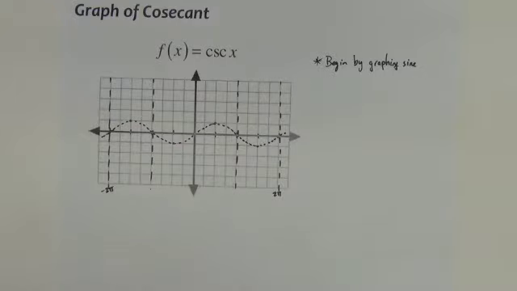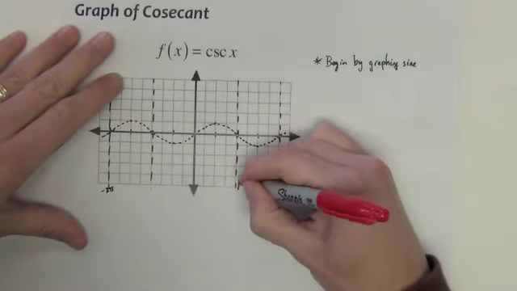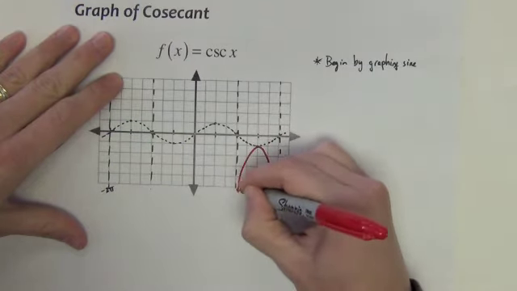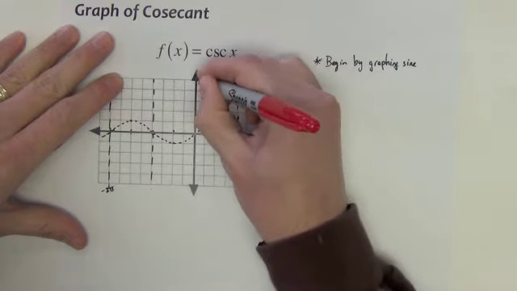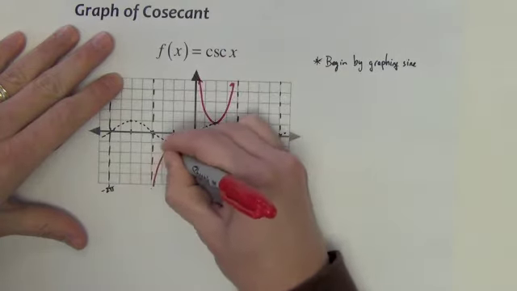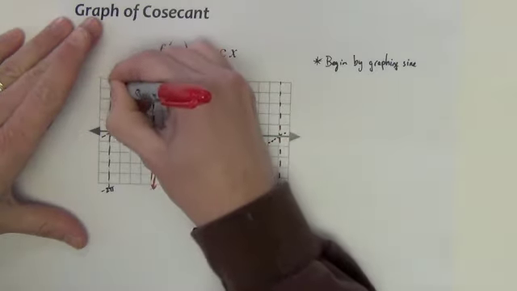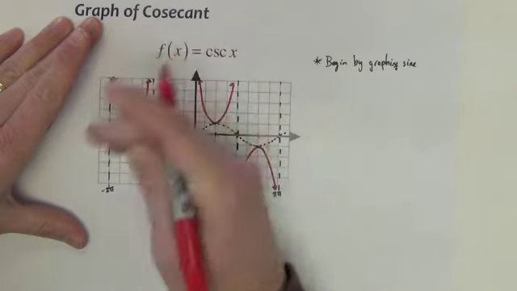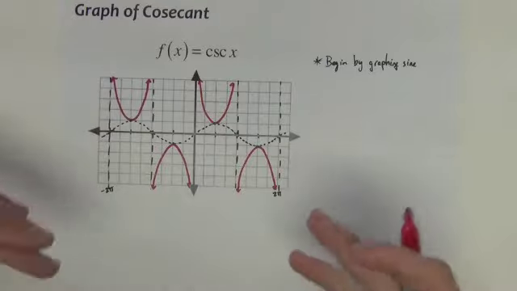I'm going to take all those curves between the verticals and flip them all over. Really, this is an exercise in being able to graph a sine graph. If I can graph by hand a sine curve, then I can very easily get its cosecant graph by just reciprocating everything.